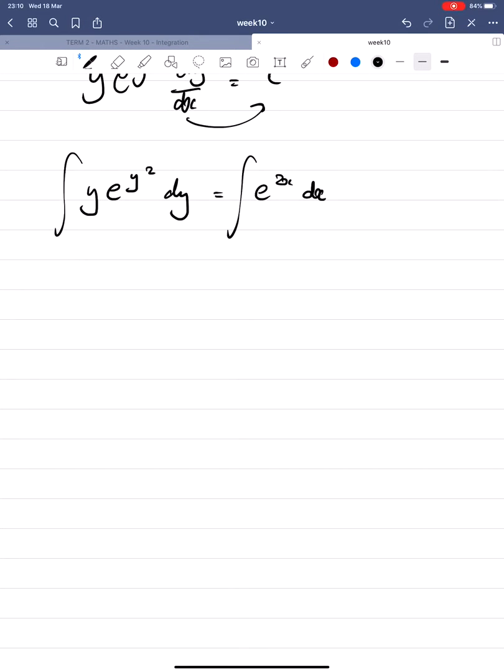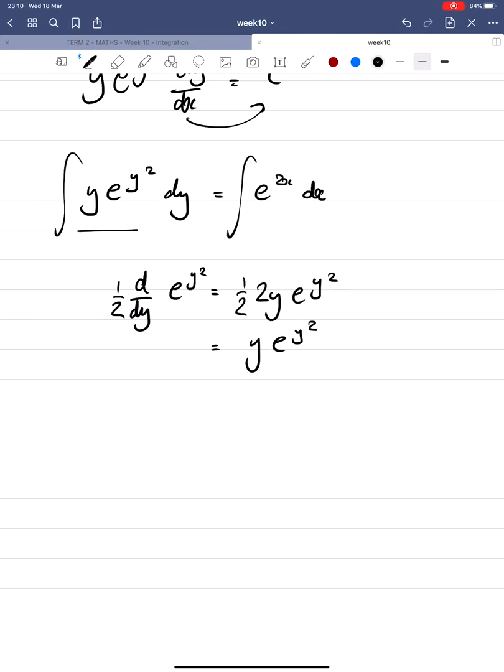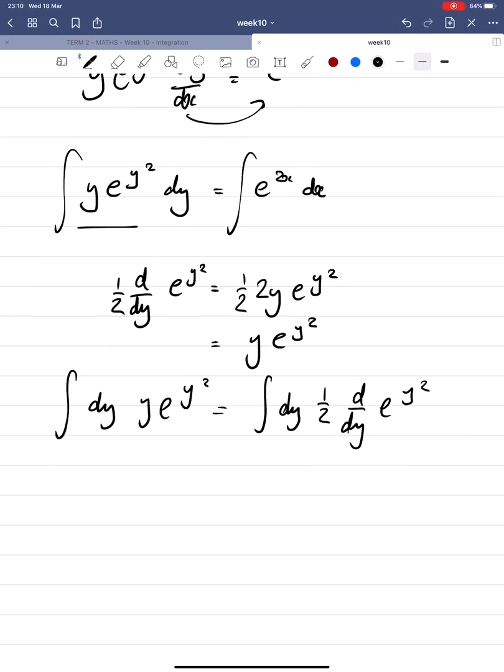If I look at this, I can see that if I differentiate e to the y squared, I would get 2y e to the y squared. So if I put a half in front, this half kills this 2, I get y e to the y squared, which means the integral dy of y e to the y squared is in fact the integral dy of a half d by dy e to the y squared.